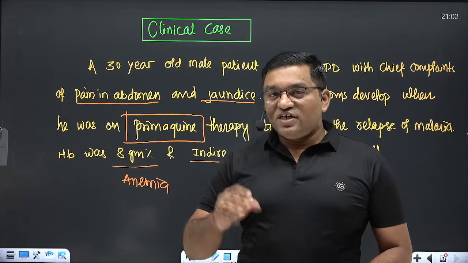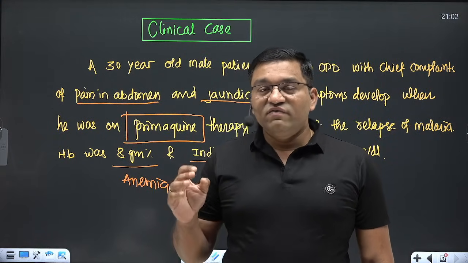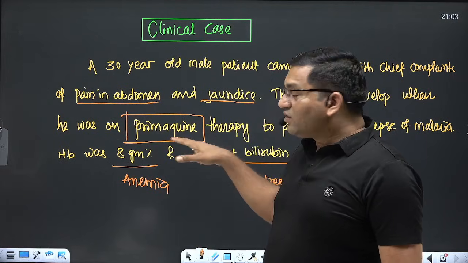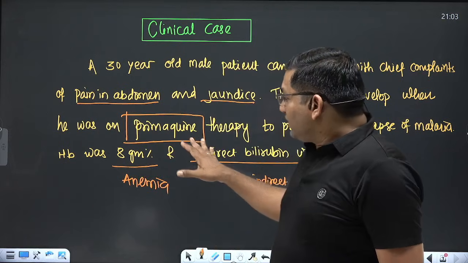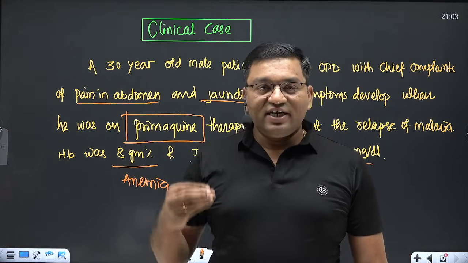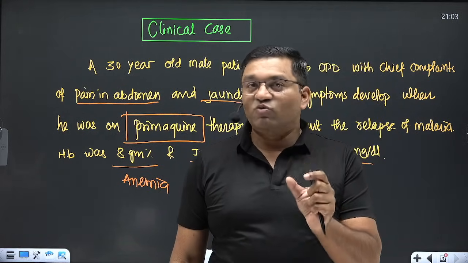Remember, it is an asymptomatic condition, but when a person is exposed to certain infection, consumes fava beans, or is prescribed oxidant drugs, it can be precipitated because of decreased NADPH level. This disease is connected with HMP shunt, hexose monophosphate shunt.